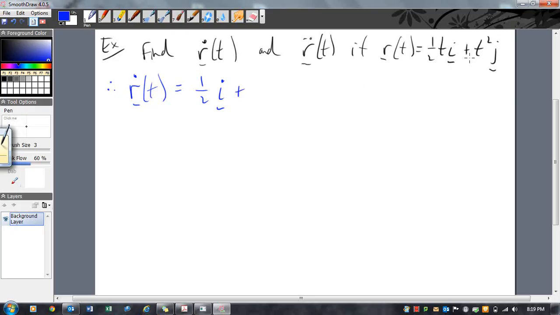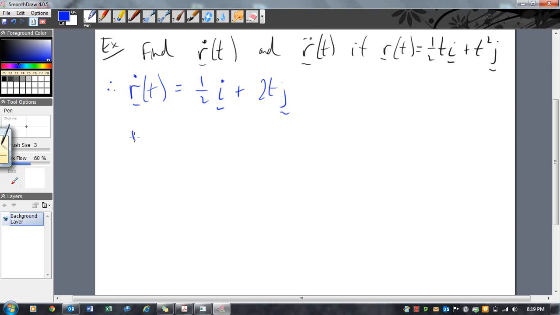Plus, the derivative of t squared with respect to t is 2t, and that's in the j direction. It's as simple as that. There's your r dot of t. Remember, this gives you an idea of the velocity with respect to time. So the velocity is constant in the i direction, but it's increasing in the j direction.